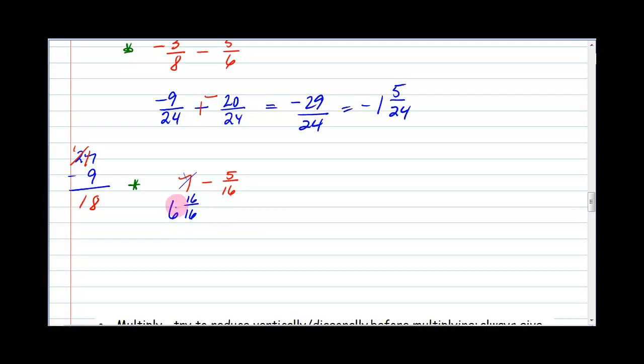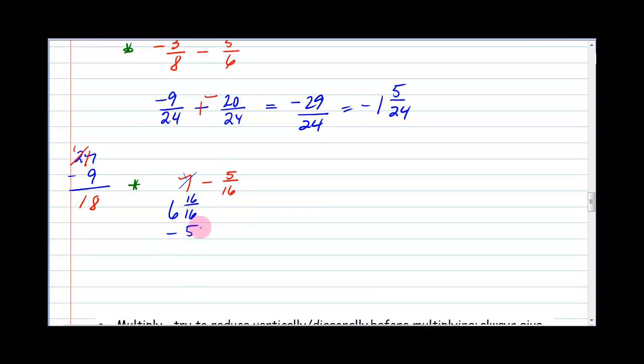The reason this works is because if I added 6 plus 16 over 16, well, 16 over 16 is actually 1. So 6 plus 1 is 7. This is how we're changing the whole number 7 into a mixed number, so I can subtract now.